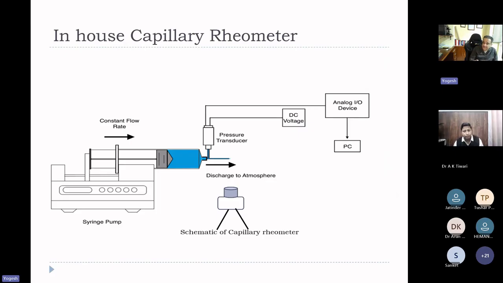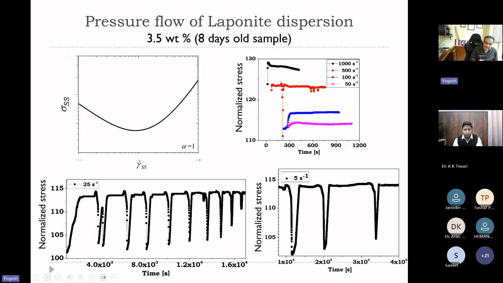This is an in-house capillary rheometer, and we made the thixotropic material flow in this capillary. We measured the flow rate Q, measured the pressure drop delta P using a pressure transducer, and used the same Laponite dispersion. Depending upon the stress applied, we see different behaviors.